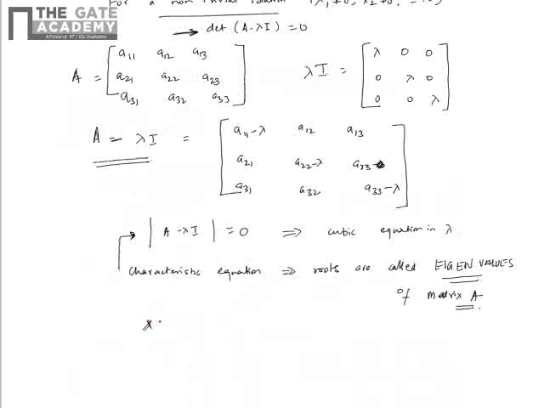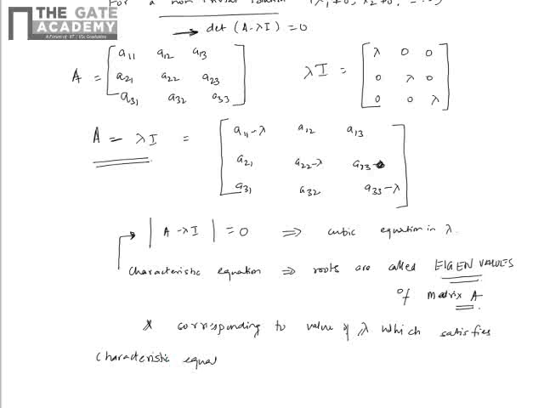That x, corresponding to the value of lambda which satisfies the characteristic equation, is called the eigenvector.